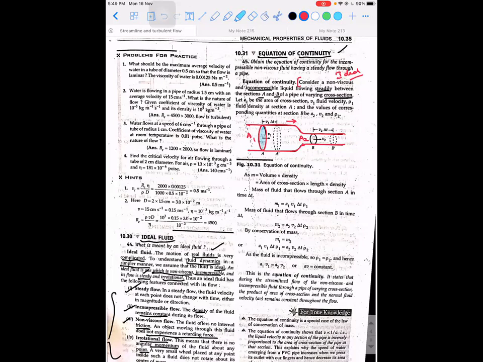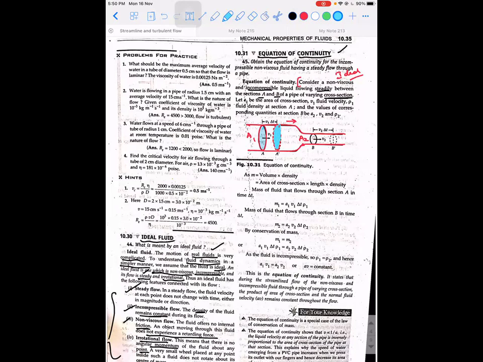So in this cross section, let's say after time delta t, this cross section has reached this point. That is, it has traveled this far.